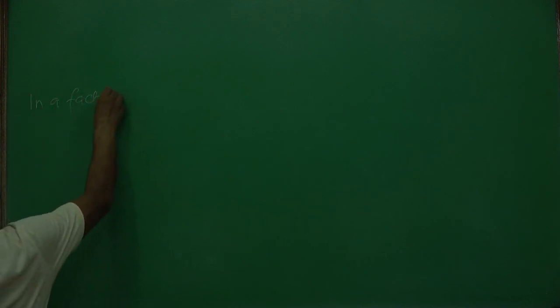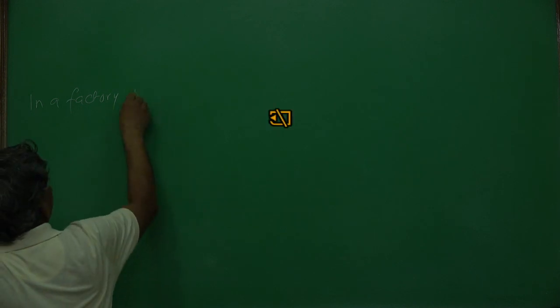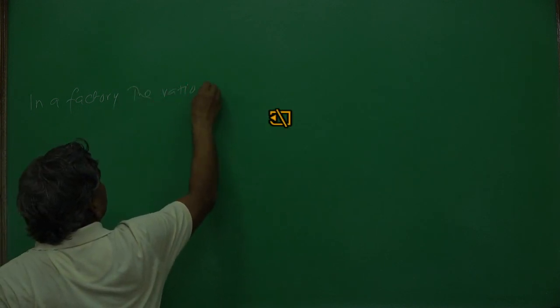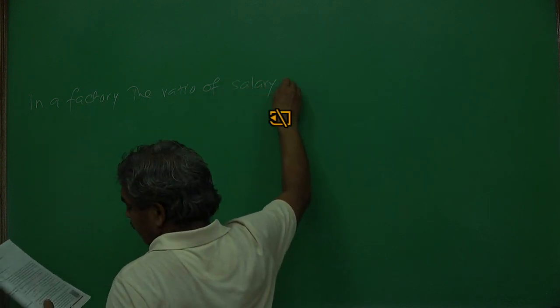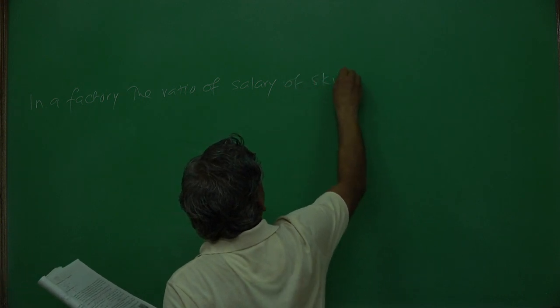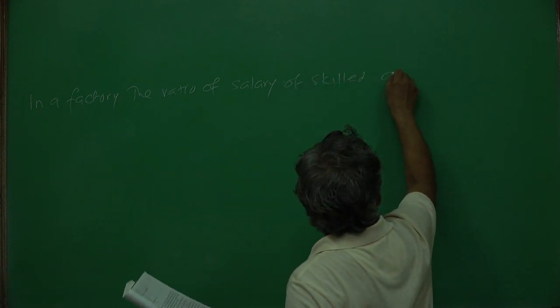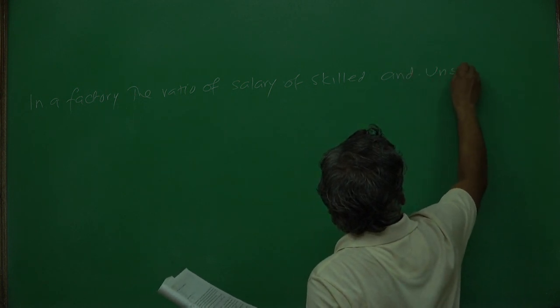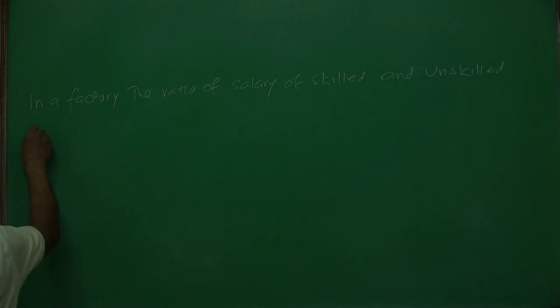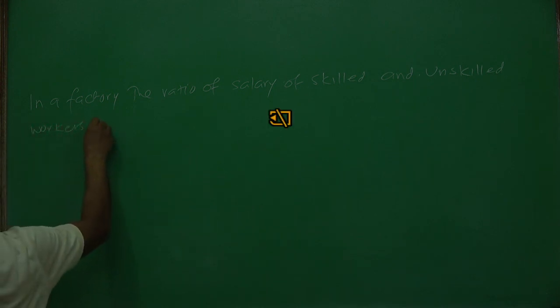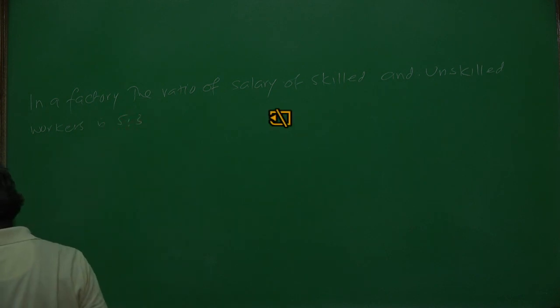I'll write down the question on the board. In a factory, the ratio of salary of skilled and unskilled workers is 5:3.